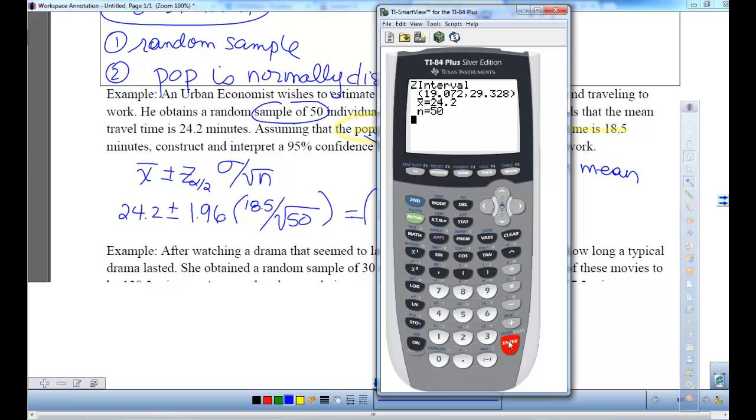Because in both the T interval and the Z interval, we're going to have these two requirements. You got to have a simple random sample, and either the population needs to be normally distributed or you got a large sample size, greater than 30. So that's really not a distinguishing feature. That just has to be, no matter what.